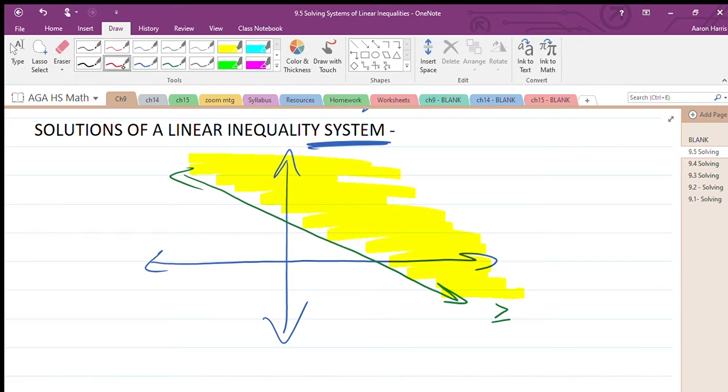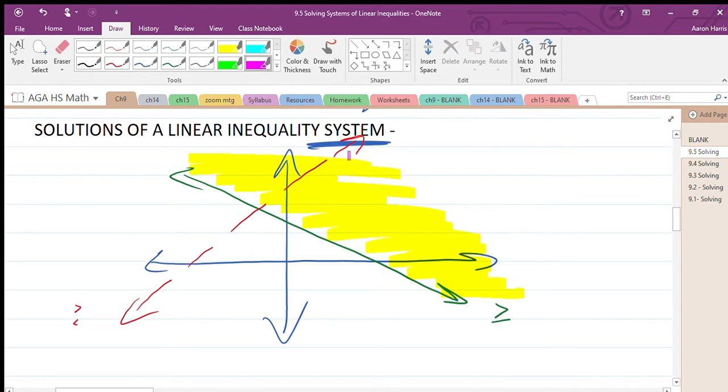But remember, there are two different lines. So let's say we have another line that goes like this. Now, as you can see, it's dashed. So I know I'm dealing with greater than or less than, okay? Now, depending upon where I shade will tell me if it's greater than or less than.